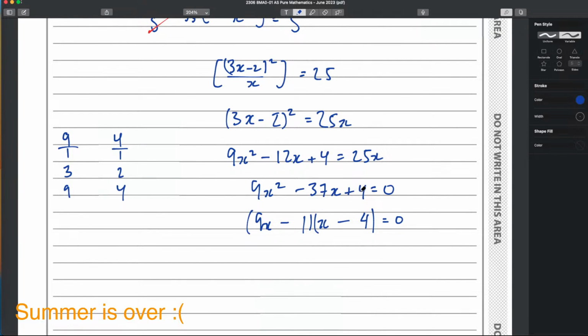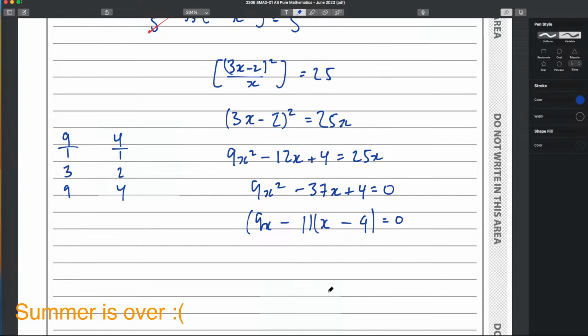Oh, but wait. I did that wrong. This should be 4x. Wait, no, hang on. Now I'm getting confused. Oh, this is 4.